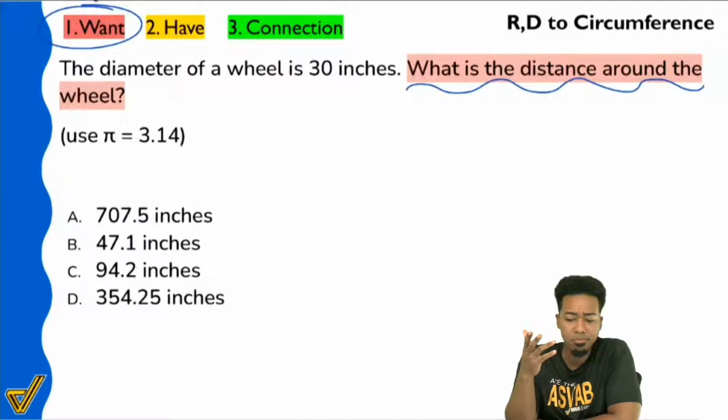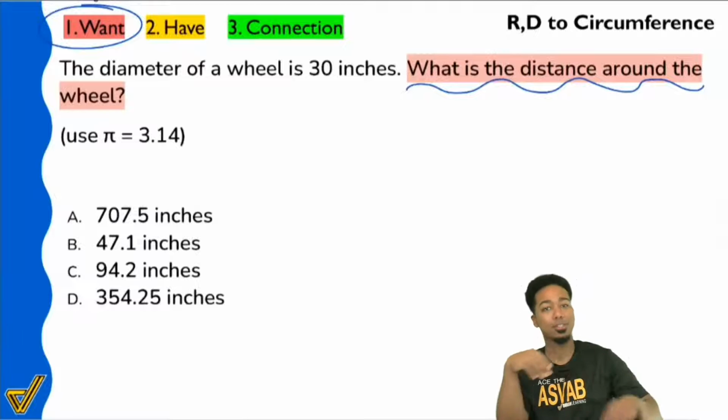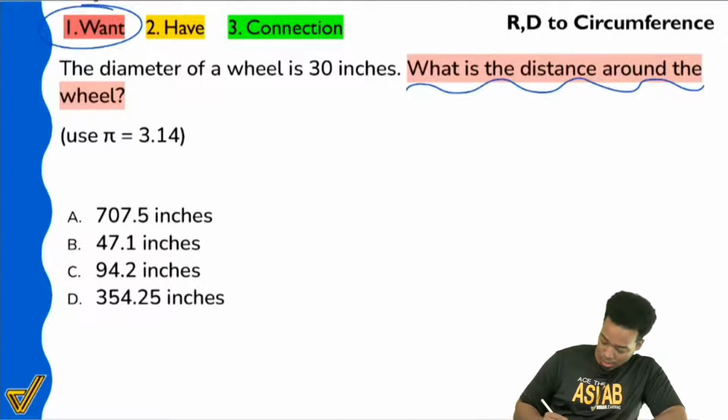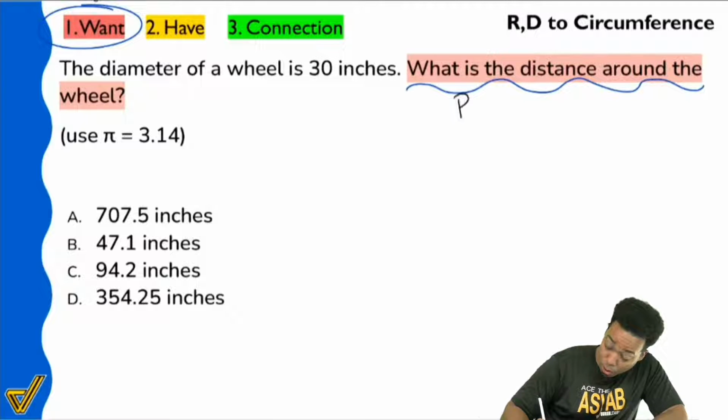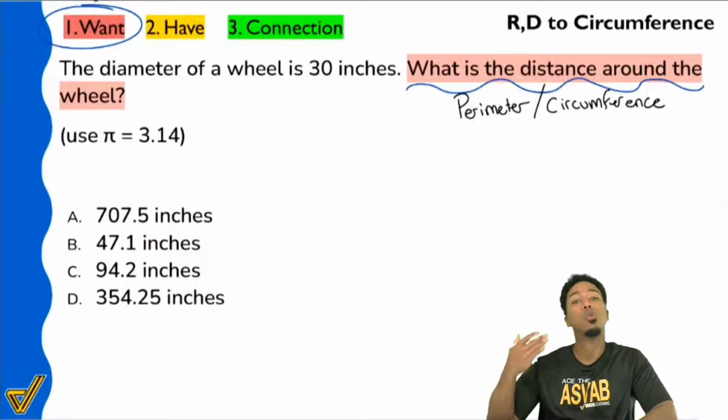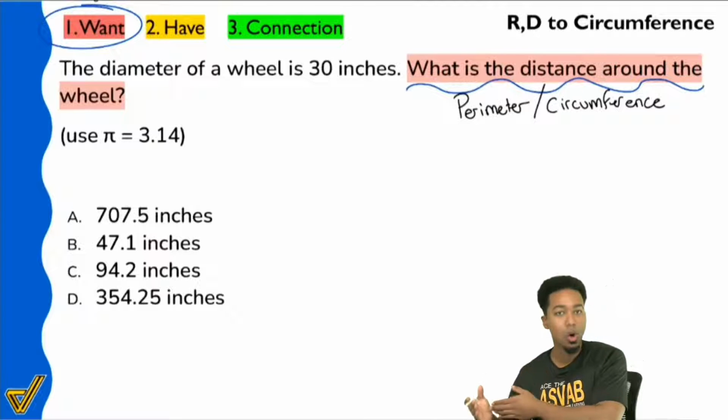Right. We can reasonably safely assume that we're talking about a circle here, because that's what a wheel looks like. So boom, the distance around that tells me perimeter or circumference. And it's because they tell us it's a wheel that we know it's circumference.